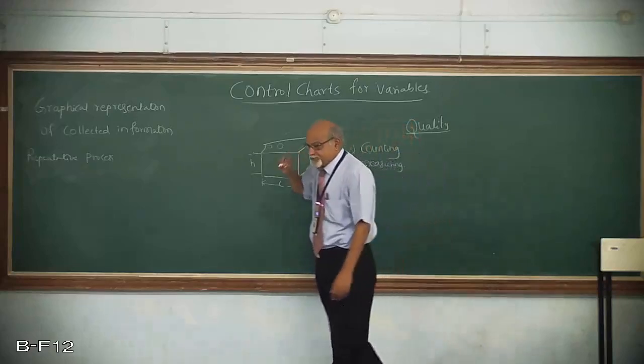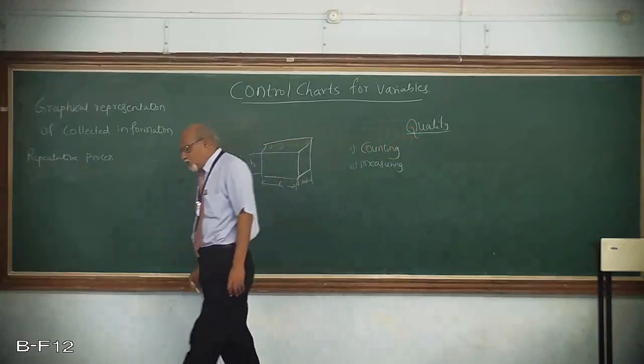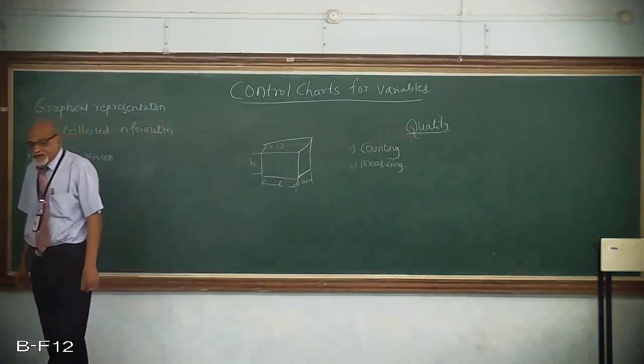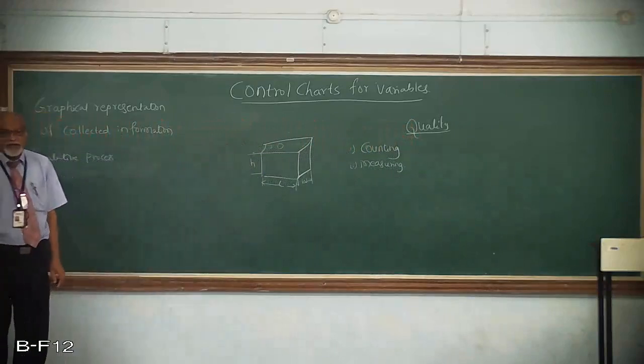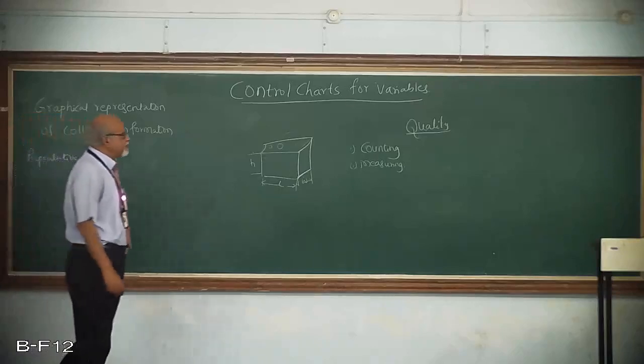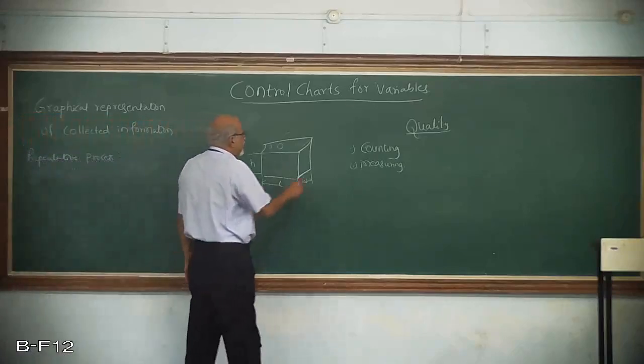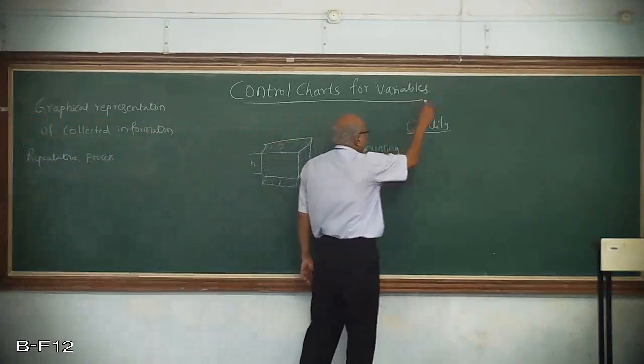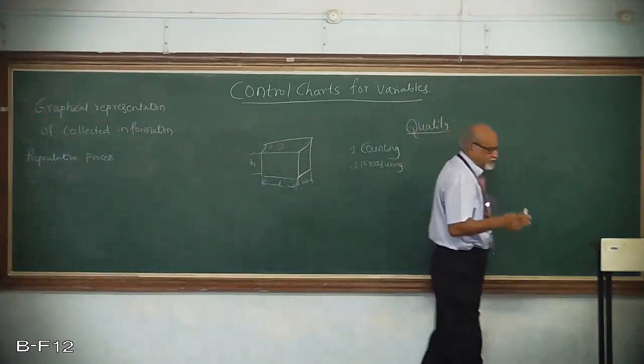Any product may have measurable characteristics or attribute characteristics. If it has measurable characteristics, we call it a variable characteristic, because length can vary.